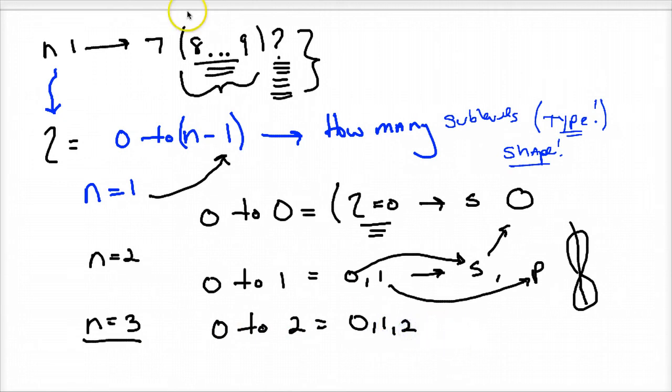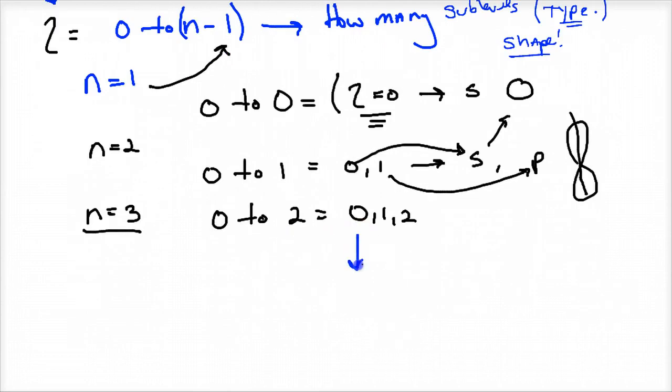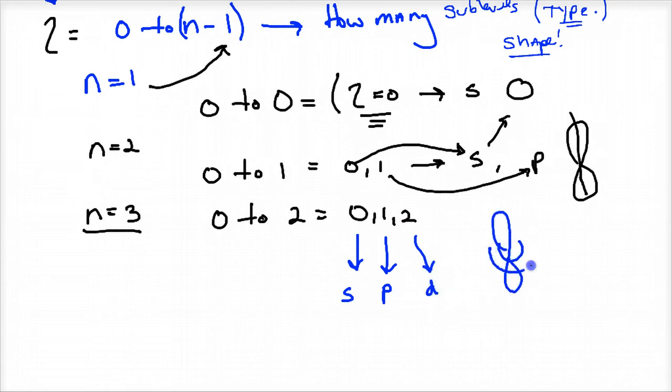And what does that mean? Well, that means that in the third energy level, we have s, we have p, and the d orbitals, which I'm not going to try to draw. Here's one possibility of a d orbital, that donut ring around.